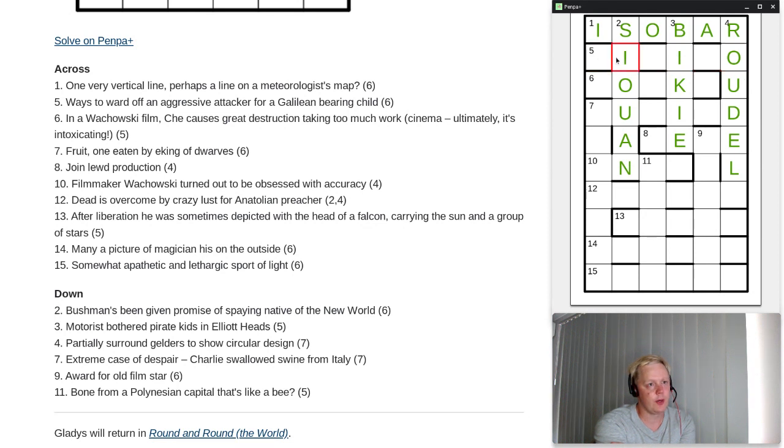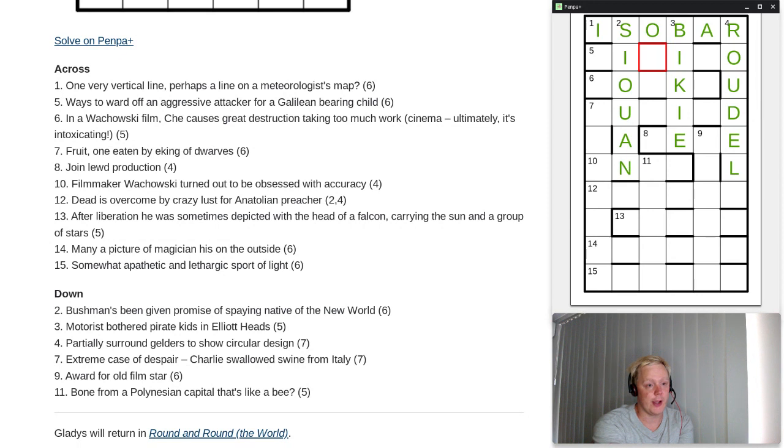So we would need 3 more letters, meaning a Galilean. And Galilee obviously is a place, but that's not what's being referred to here. The Galileans, apart from being an actual people, they are the moons that Galileo found, Galilean moons.